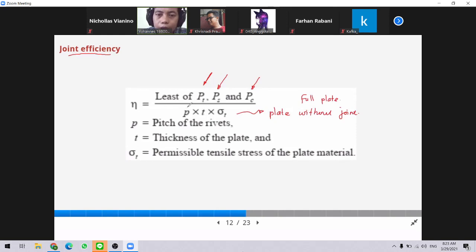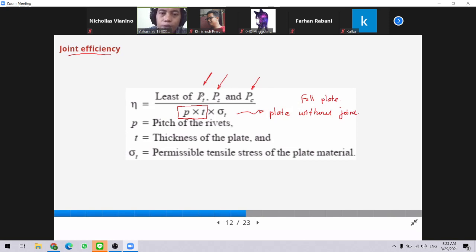So for a single pitch, the full plate area is the pitch distance times the thickness of the plate, multiplied by the tensile strength of the plate. This is the load capacity for the plate without joint.